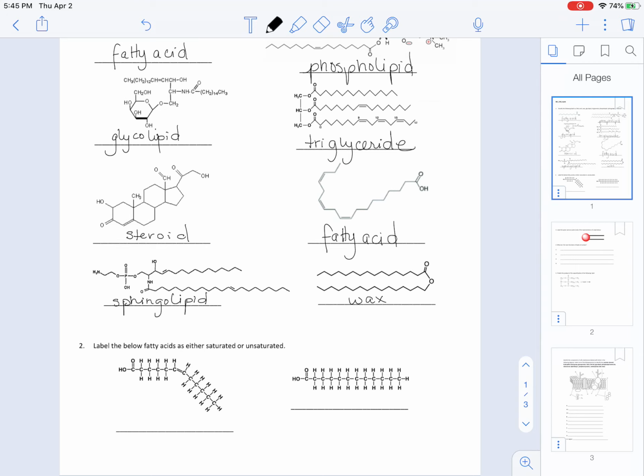As you can see, it says label the following fatty acids as either saturated or unsaturated. The definition of a saturated fatty acid is one in which the carbon atoms are fully bonded to hydrogens past the carboxylic acid functionality. So the molecule on the right is a saturated fatty acid.